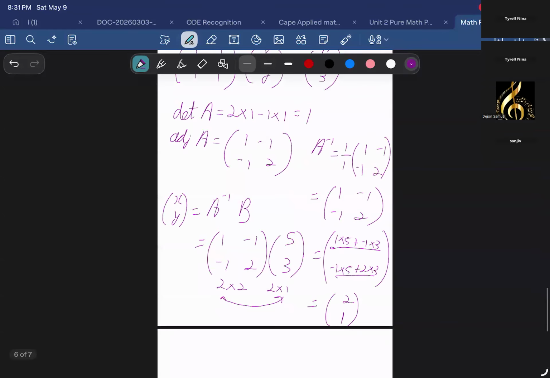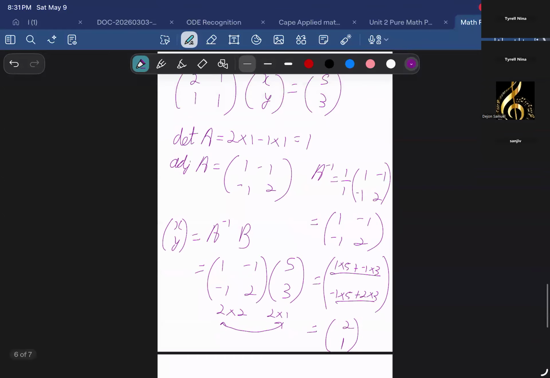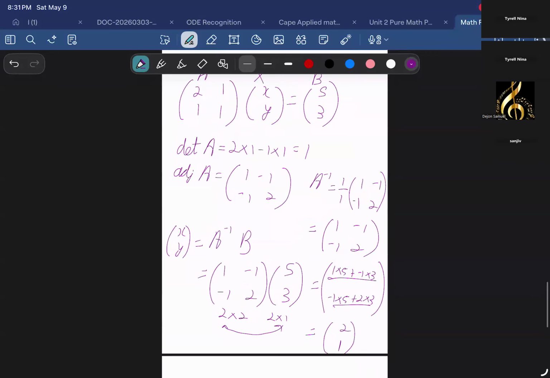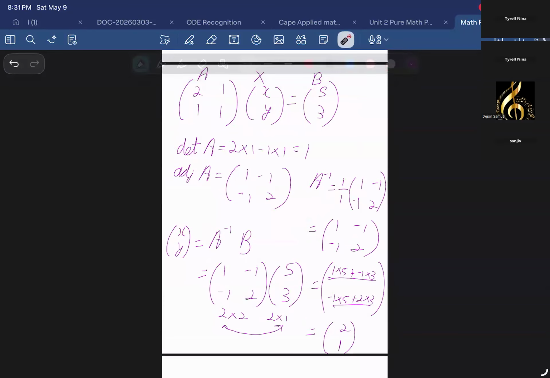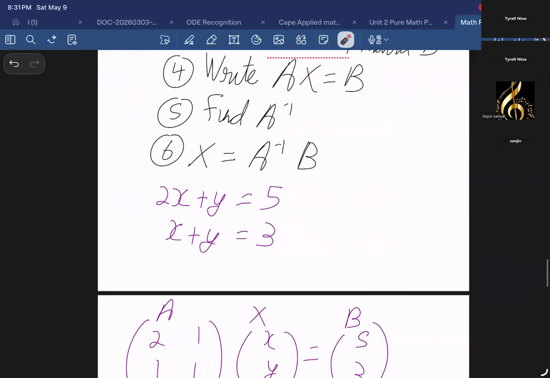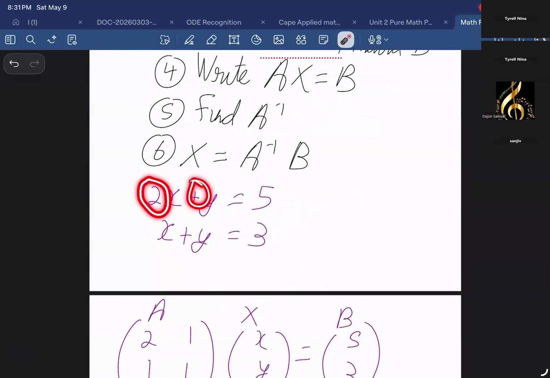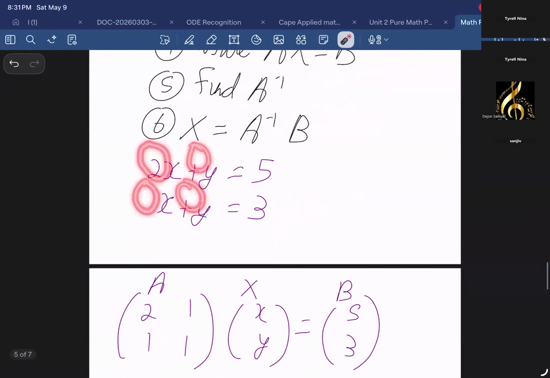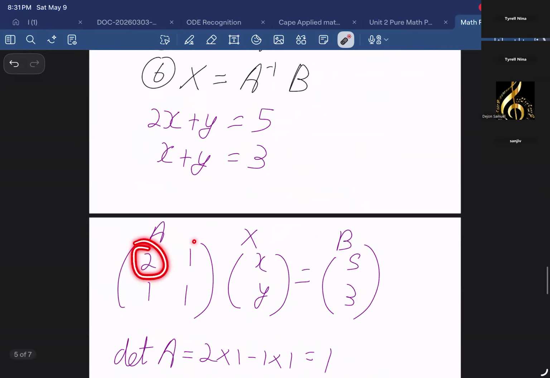I want to say it's fairly straightforward because it could look a bit confusing, but the premise itself is not too bad. So let me go through this again. What I did here, I take the coefficients of x and y and make that a matrix here.